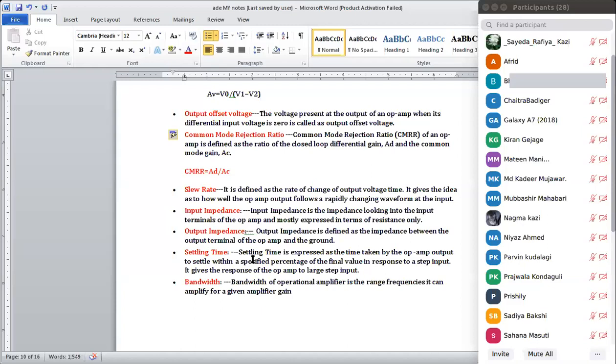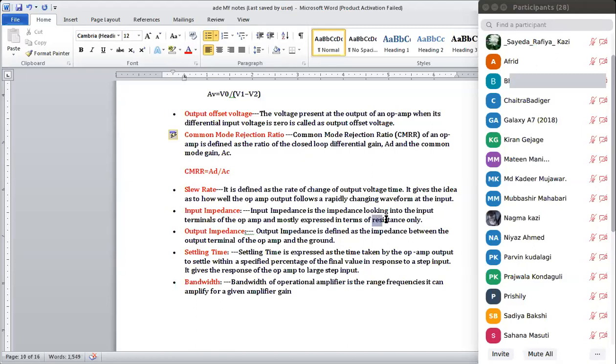Impedance involves frequency, so we use this term for AC signals. In DC signals we don't have any frequencies, so the voltage and current are direct.